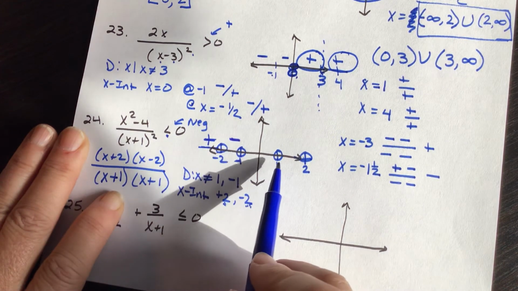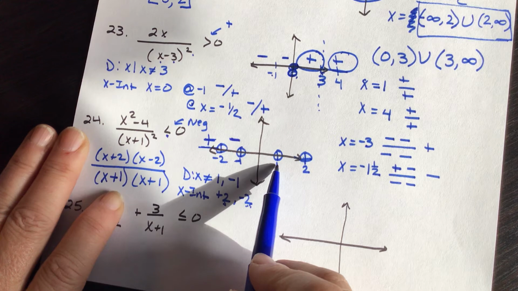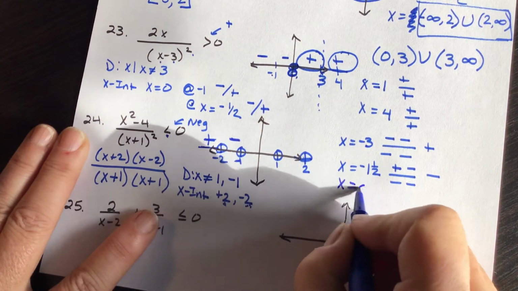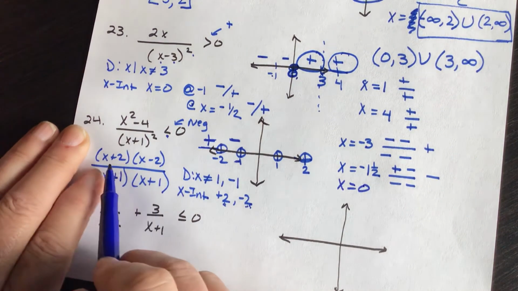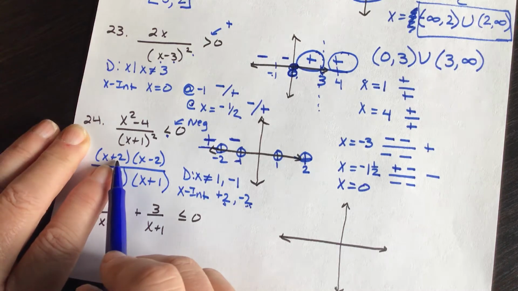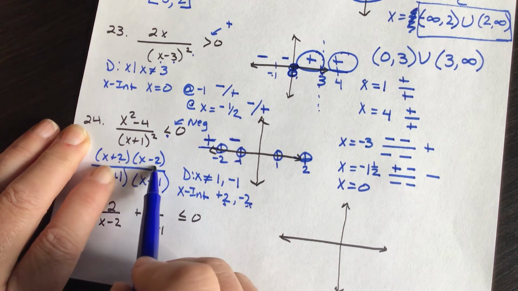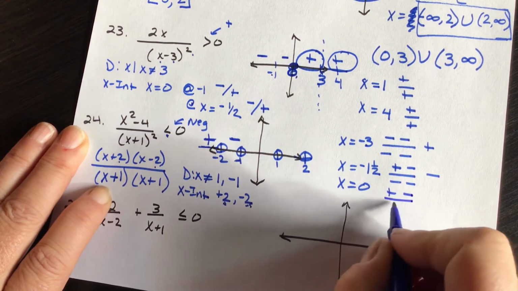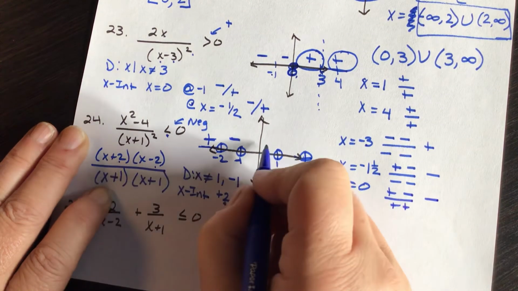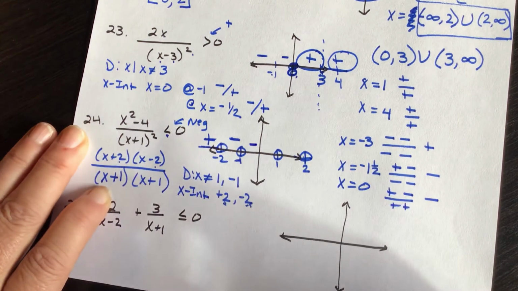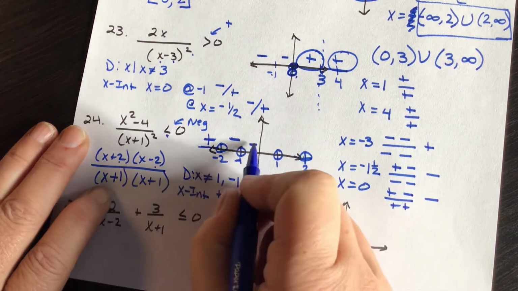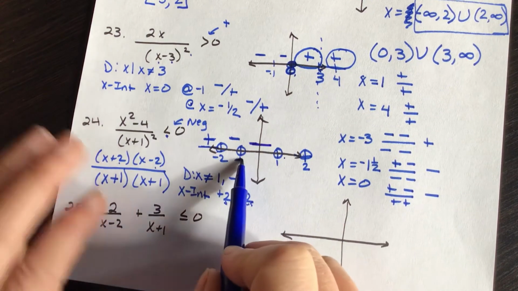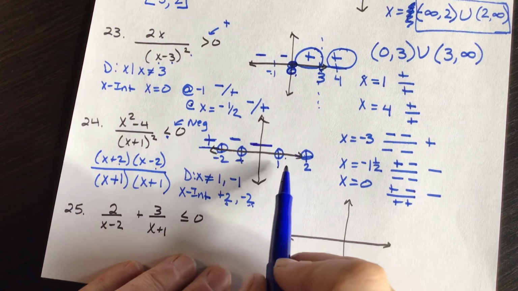Between negative 1 and positive 1, let's choose 0. If x is 0, I have positive, negative, and on bottom I have positive, positive. So this is negative right here, all the way between negative 1 and 1.